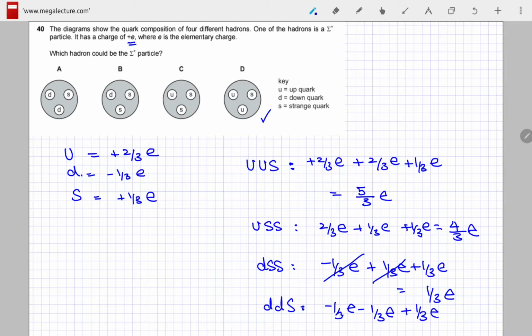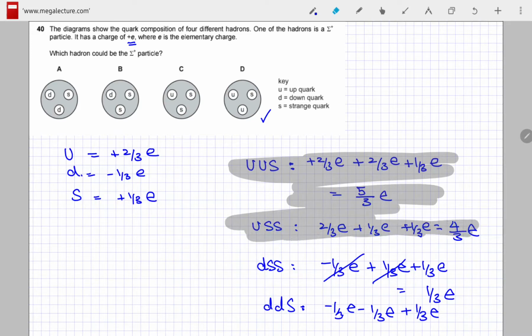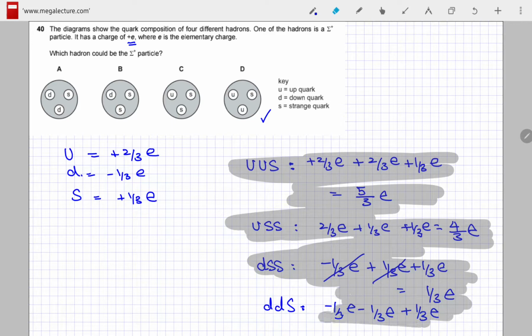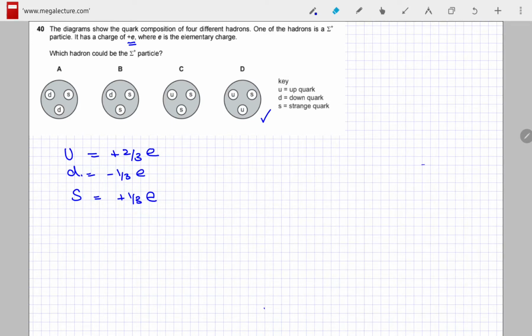Right, so actually there is a problem over here, and that is in the strange quark. That's not plus 1 by 3 e, that's actually minus 1 by 3 e. So let's fix that very quickly. Now let's try this one.